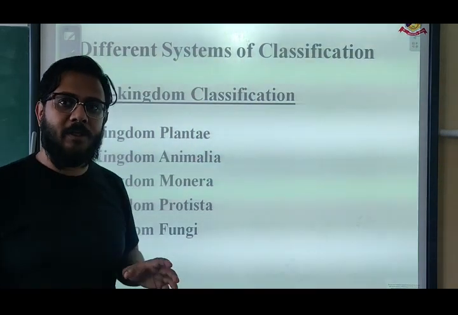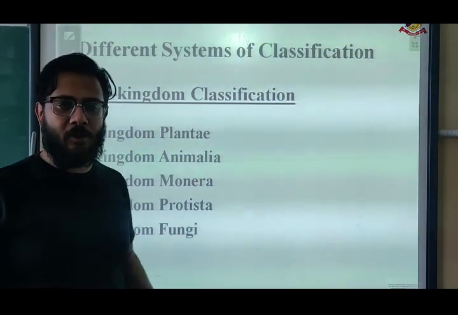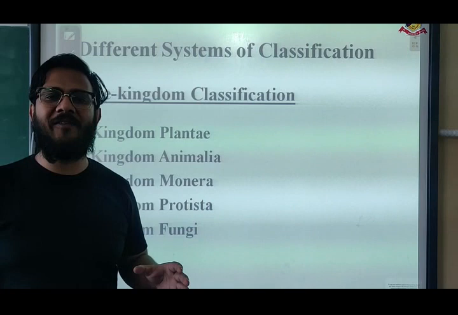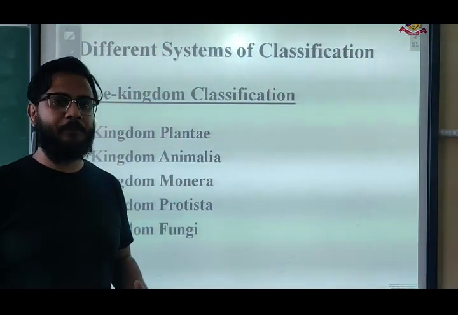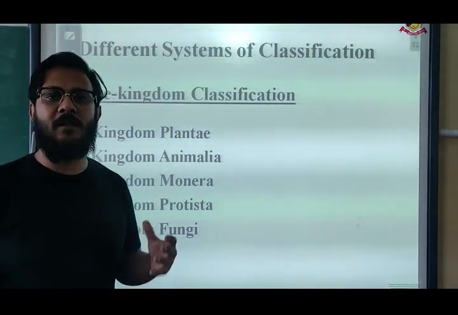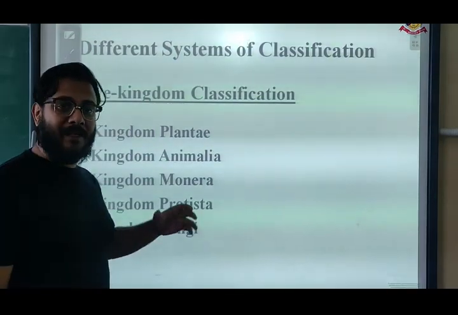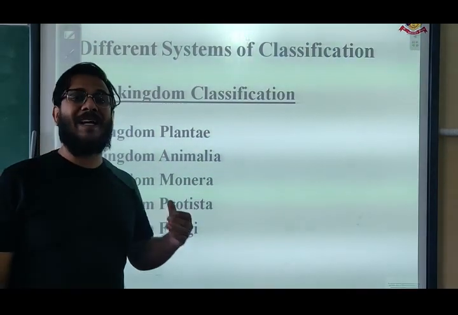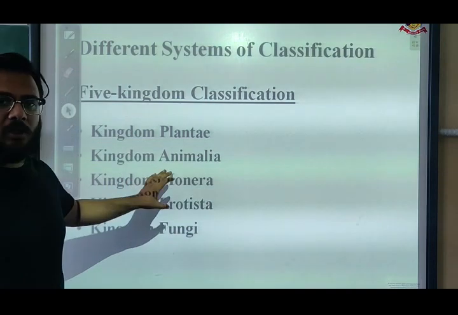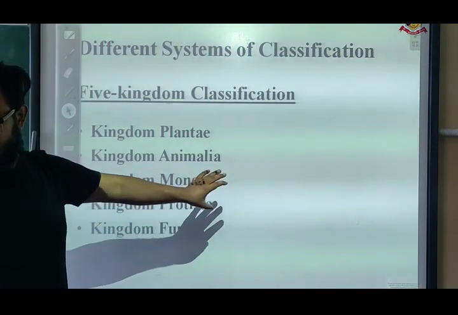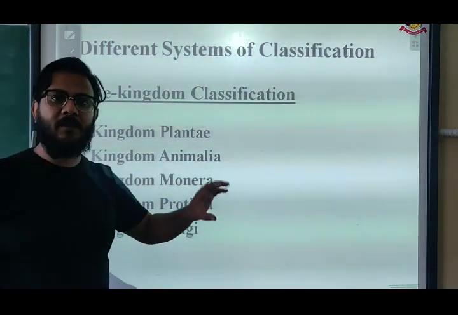But the only difference between them is, even though they are single-cellular organisms, Monera does not have a defined nucleus. Okay? Protista has a defined nucleus. Bacteria like Vibrio and Spirilla fall under Monera. So these things, they don't have a nucleus.